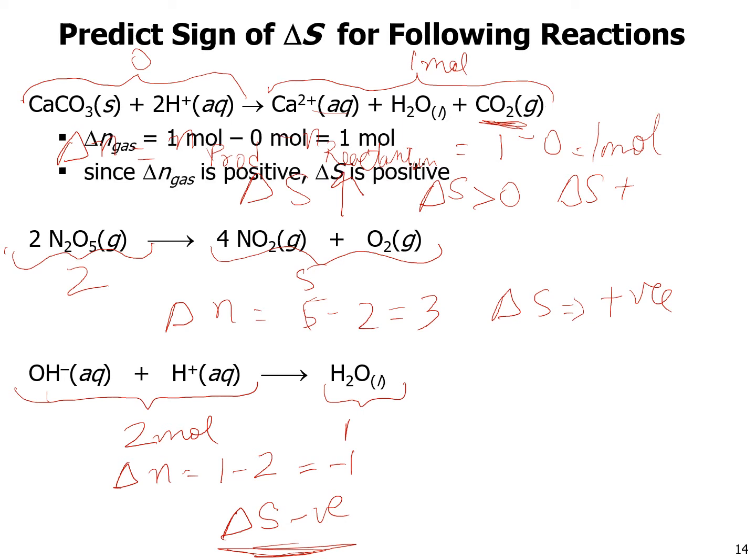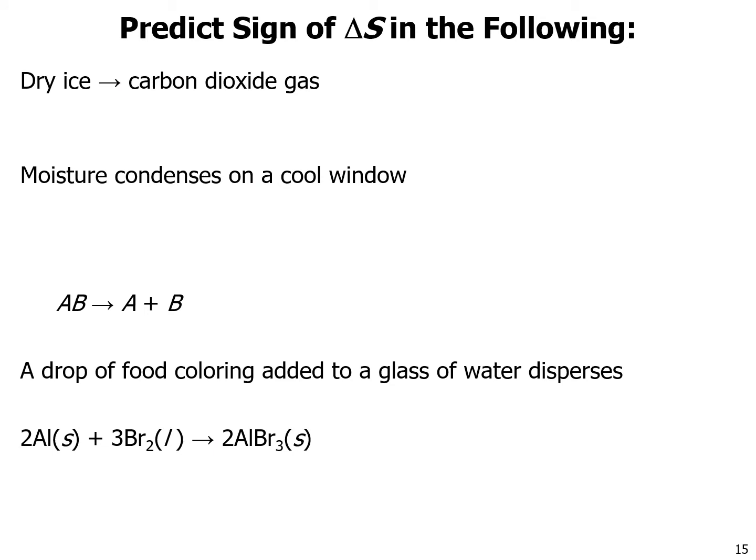Okay, there are a couple more examples for you guys. You can practice those on your own, should be fairly simple. You can pause the video and practice these questions on your own. Answers are given to you in the PowerPoint slide on Canvas.